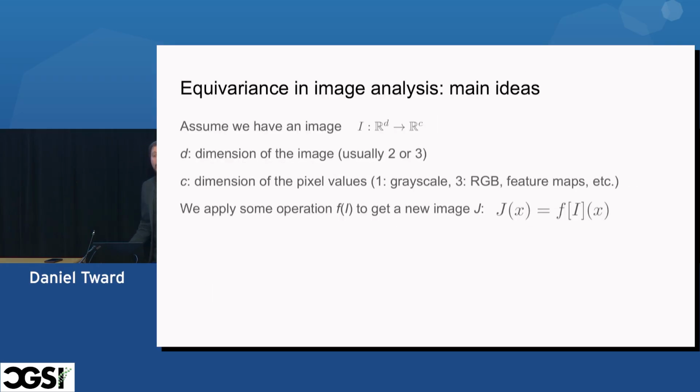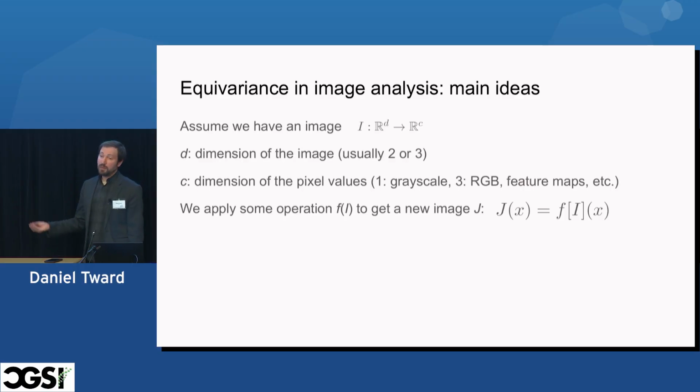All right, so what is the main idea? In general, when we have an image analysis task, the first thing we have is an image, which I usually, but not always, will use the letter I to denote the image. And we typically consider these images as functions from R^d to R^c, where d is the dimension of the space. And in medical images, that's usually 2 for a 2D image, like a radiograph, or 3 for a 3D image, like an MRI.